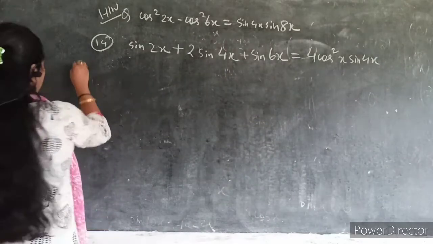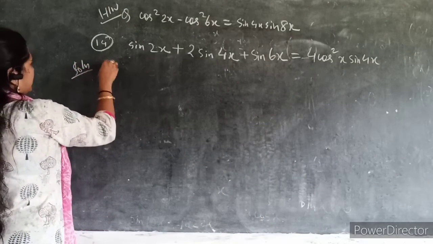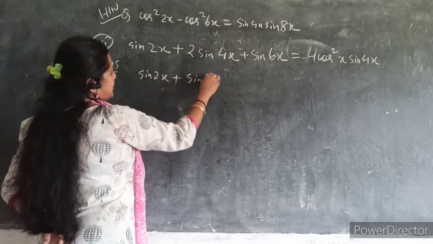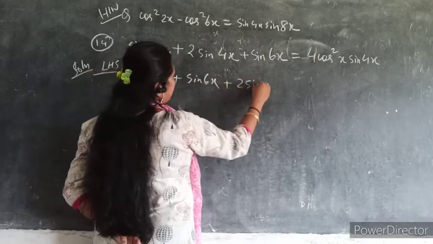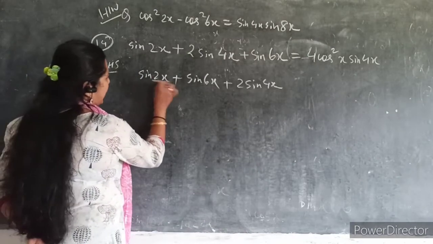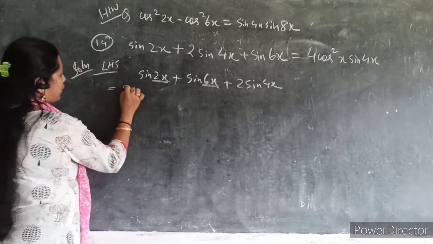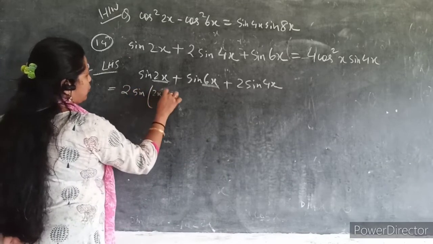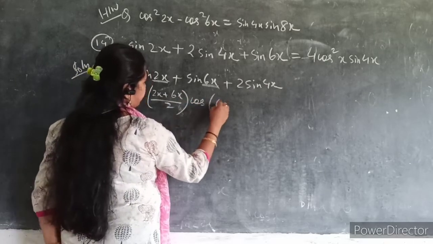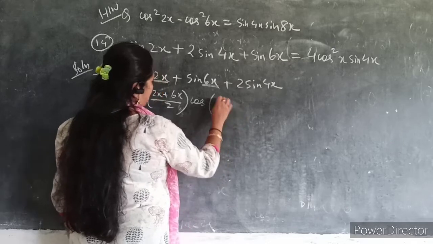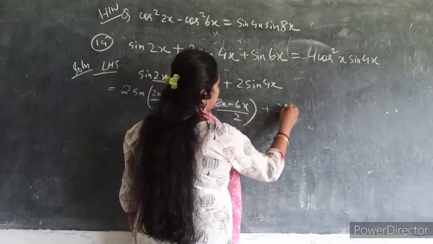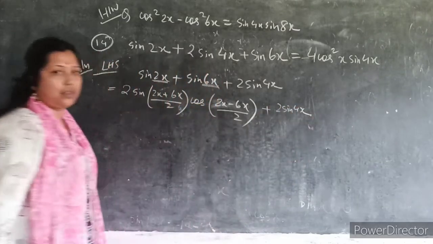Now let us take the left hand side. I can bring sin 2x plus sin 6x, and plus the second term. Let me bring it on the left hand side. So we have got 2 sin of (2x plus 6x) by 2 into cos of (2x minus 6x) by 2, plus 2 sin 4x.